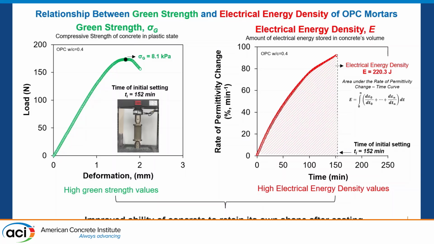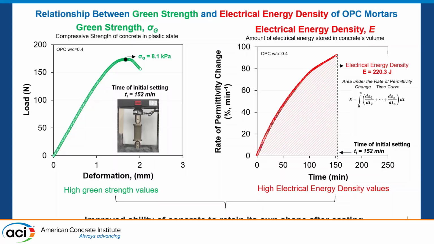What happens when we reach the initial time of setting? We actually conducted uniaxial compression tests on specimens formed at the time of this initial setting, 152 minutes for the ordinary Portland cement. We use the same time for mortars. And in the left part of the slide, we see the load to deformation curve. We calculated the green strength using the maximum load.